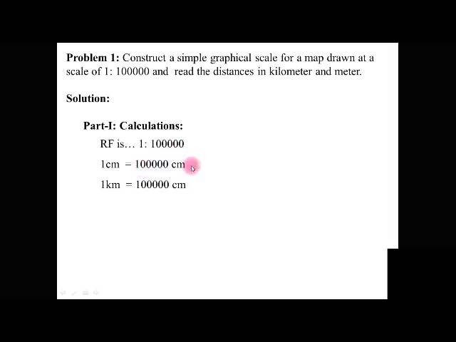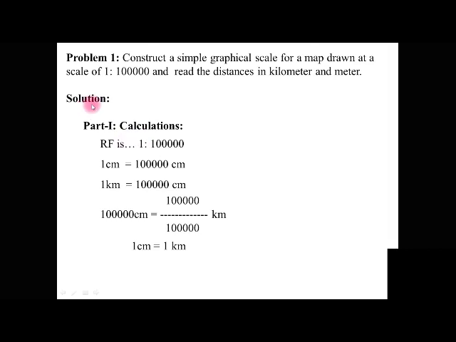If you want to convert into kilometers, you should know how many centimeters are in 1 kilometer, and that answer is 1 kilometer is equal to 1 lakh centimeters. Hence that 1 lakh centimeters we want to convert into kilometers, so we must divide by 1 lakh, and you will have the answer in kilometers.